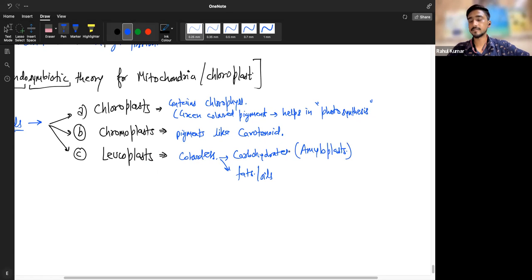Amyloplast contains amyl, carbohydrates. And if they contain lipids and fats, what will they be called? Elaioplasts. Okay. So chloroplast, chromoplast, leukoplast, amyloplast, elaioplasts, all are clear?